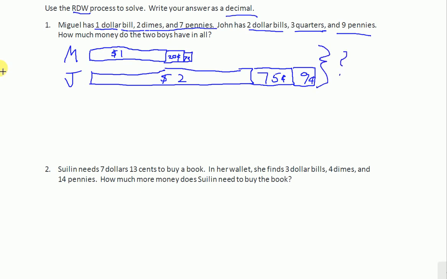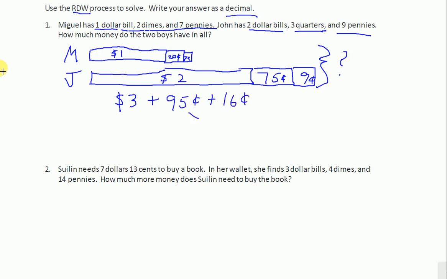I'm going to add together the 1 and 2, so together we have $3. Plus I've got 20 cents and 75 cents, so that's plus 95 cents. And then I have 9 and 7, which is 16 cents.